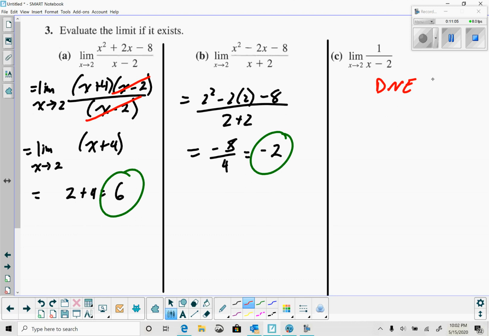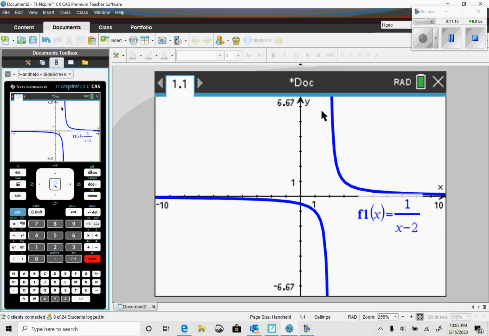If something like that shows up on the test, I would want a visual explanation, okay? I would want you to sketch that graph and show me that 2 is basically, in this case, a vertical asymptote.